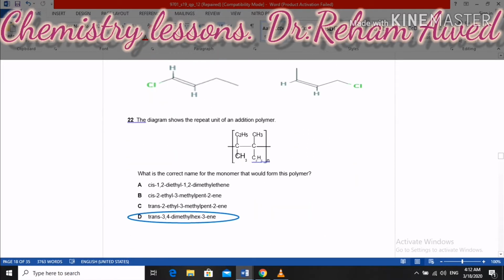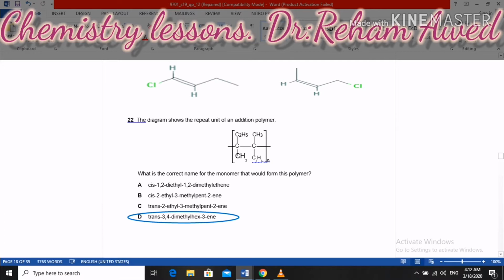Question number 22. The diagram shows the repeat unit of an addition polymer. In the case of an addition polymer, our monomer is made of alkenes. So in our monomers, we have two carbon atoms attached to each other by a double covalent bond. What is the correct name of the monomer that would form the polymer?